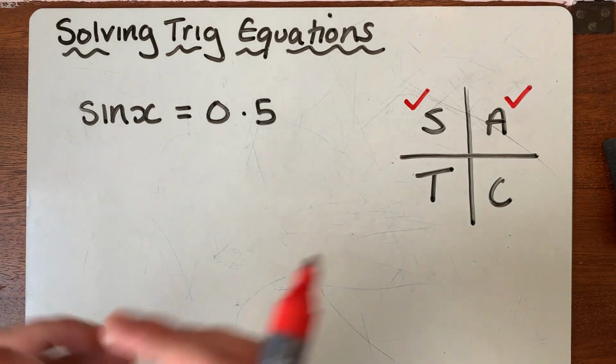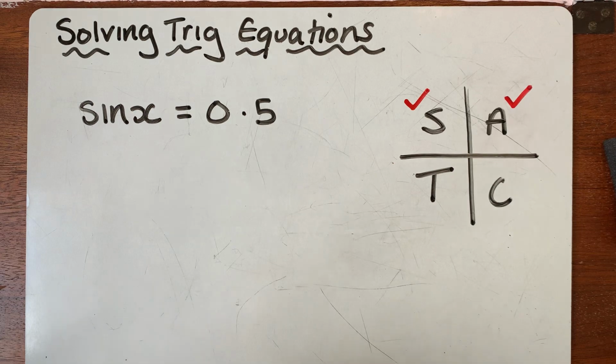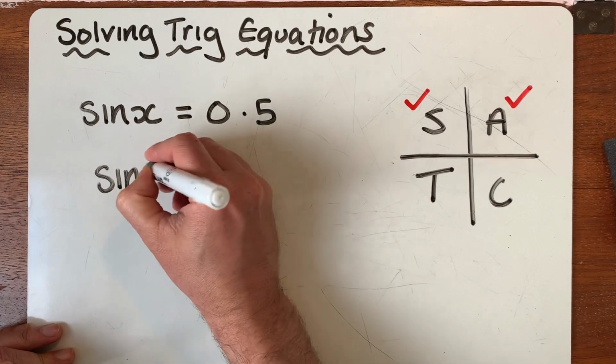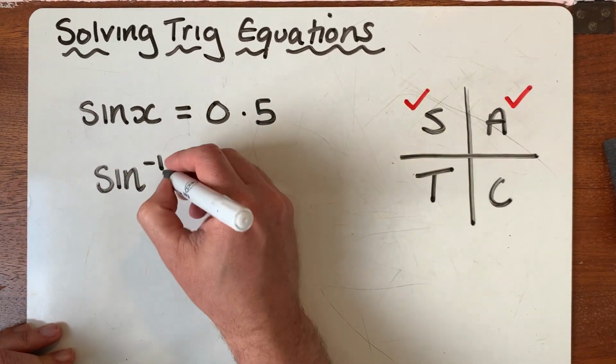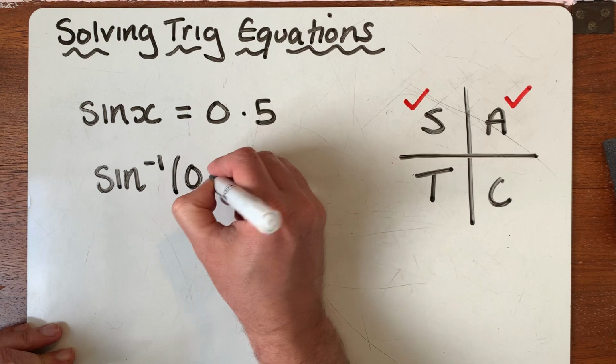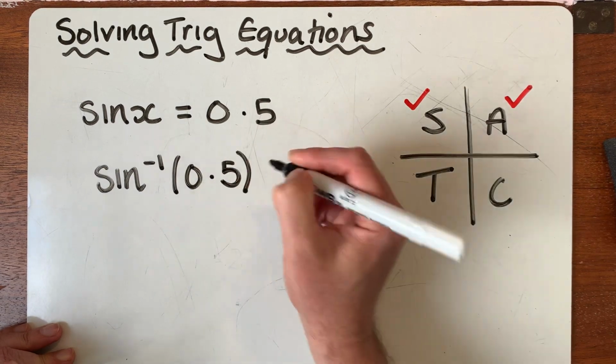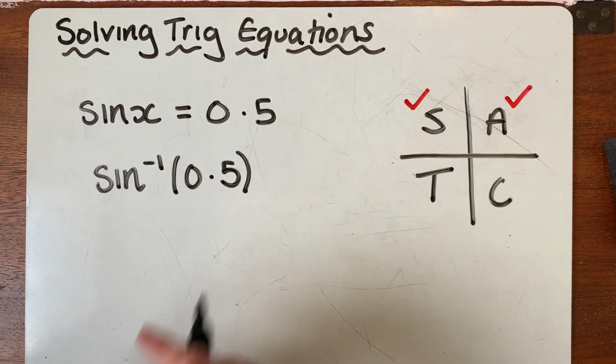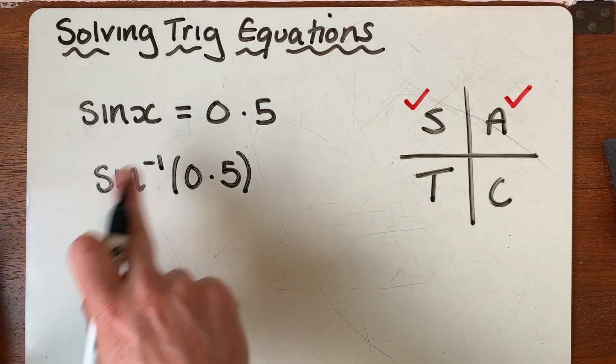Once we've got those ticked, what we're going to try and do is find this first quadrant angle that's going to unlock the solutions to this equation for us. To do that, we are going to take the inverse sine, and I'll show you how to do that on a calculator in a second, of this value, and importantly the positive value. And again, I'll explain more fully what happens in a further video when this value is negative. How do we put this in our calculator?